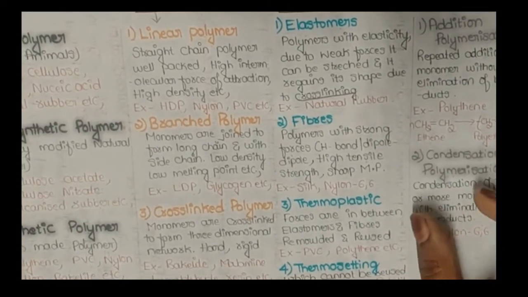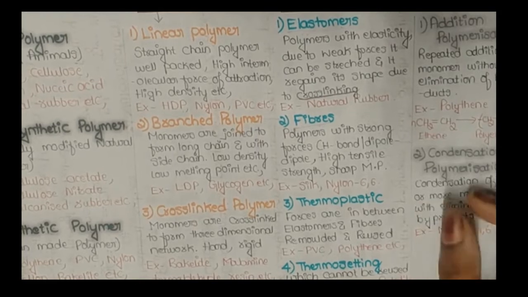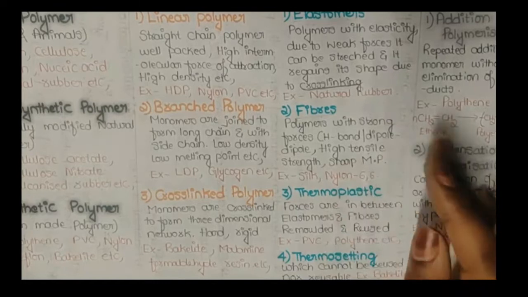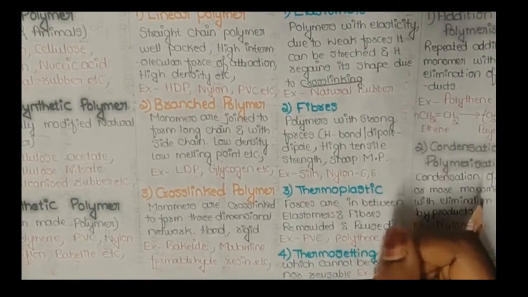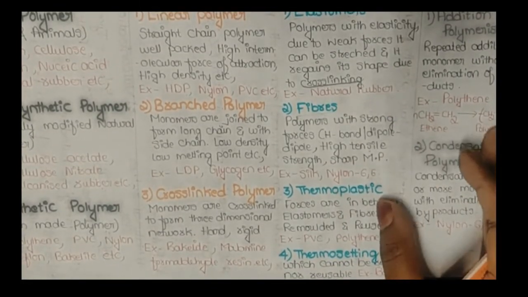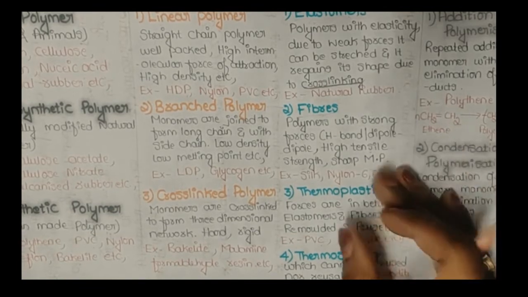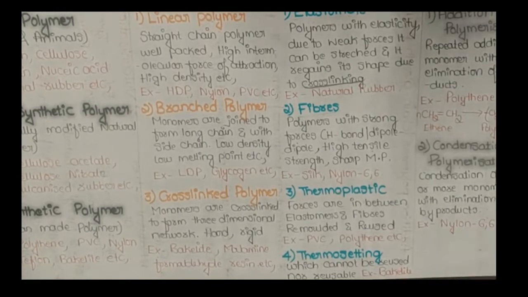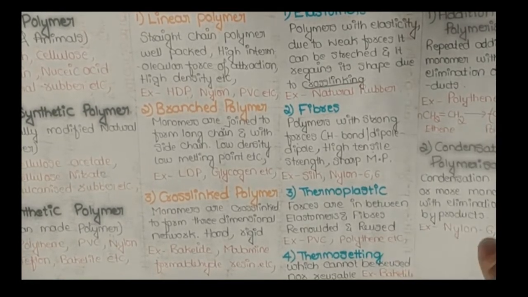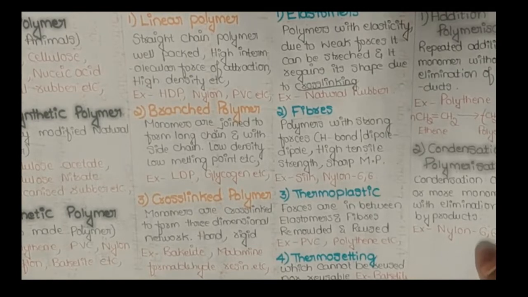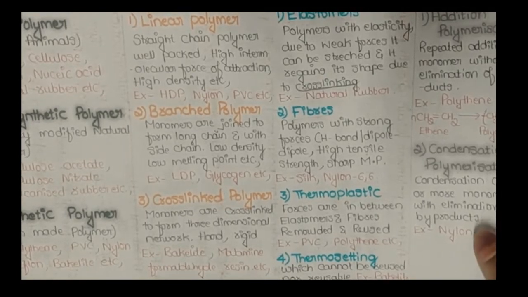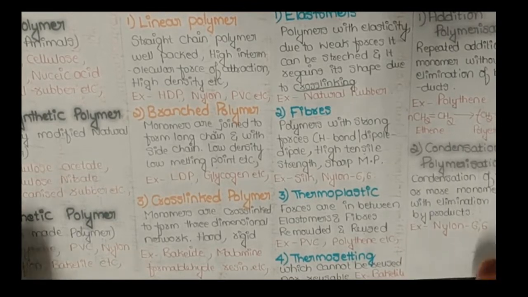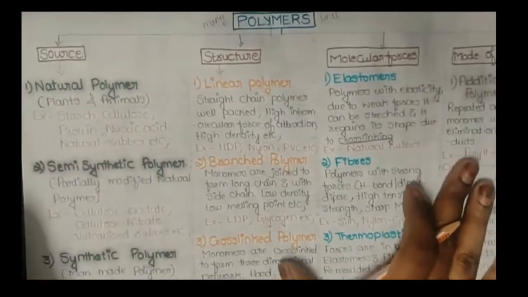What is that is, both the monomers should have a different functional group, so that when they are condensing, there will be an elimination of simple molecules like water or HCl or alcohol, etc. So here the best example is nylon 6,6. We'll look at what the monomers are and how the condensation polymerization happens in the next part. Okay, so this is all about the classification of polymers.